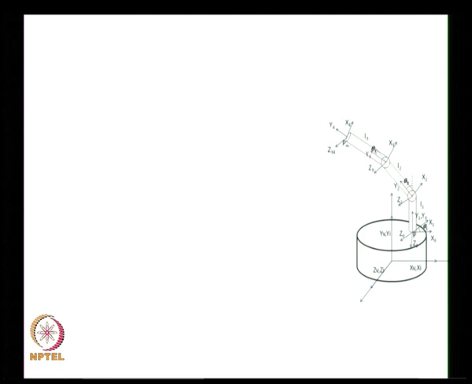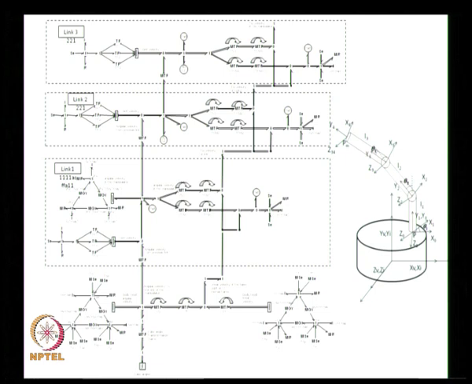To make it a little more complex, if you have a manipulator attached to this robot, we can still represent the complete dynamics of the robot as well as the manipulator, and find out the response of the manipulator under various scenarios. So the bond graph will look like this.